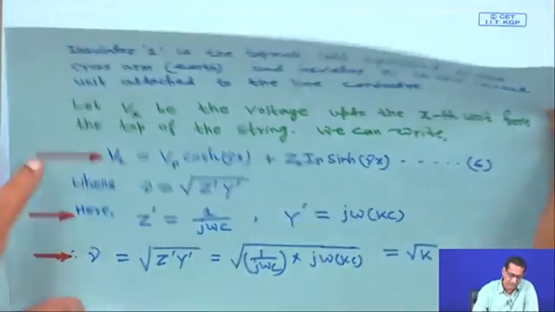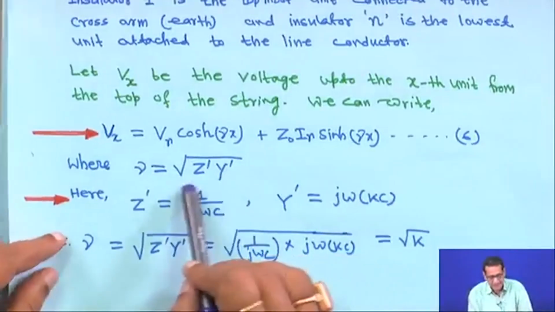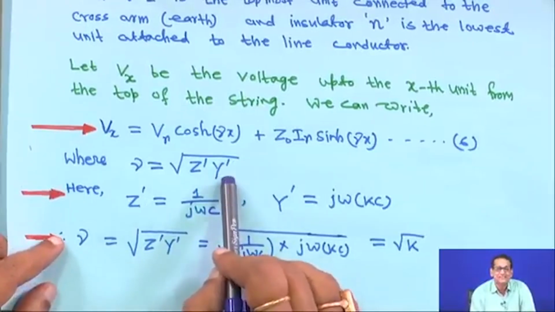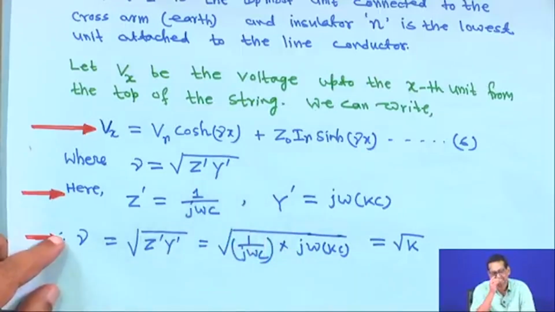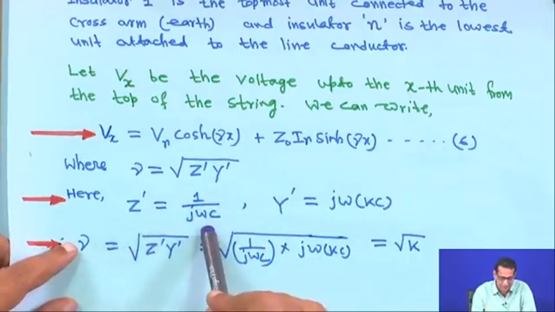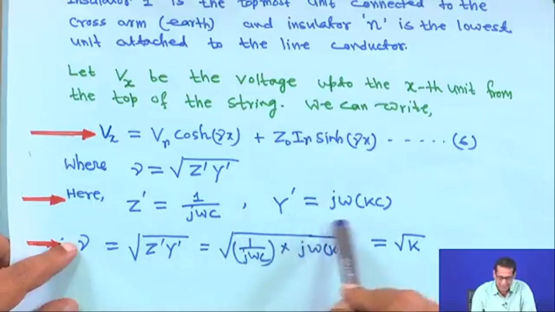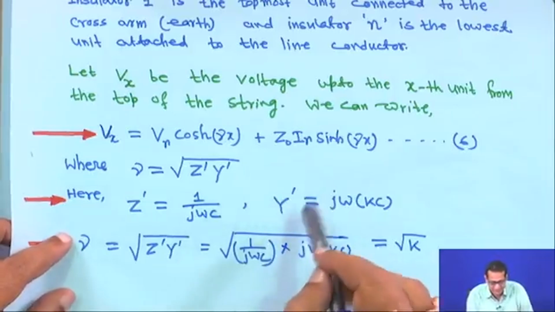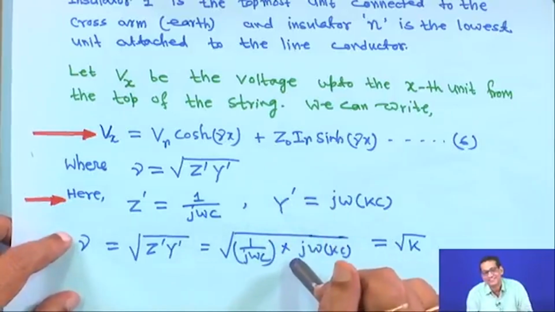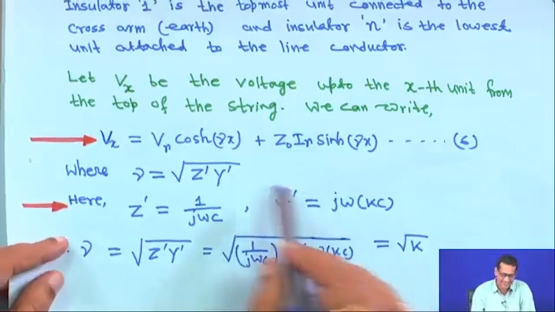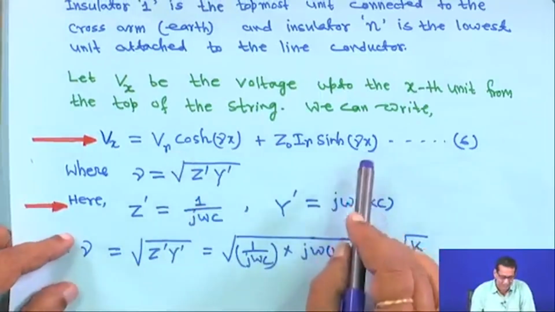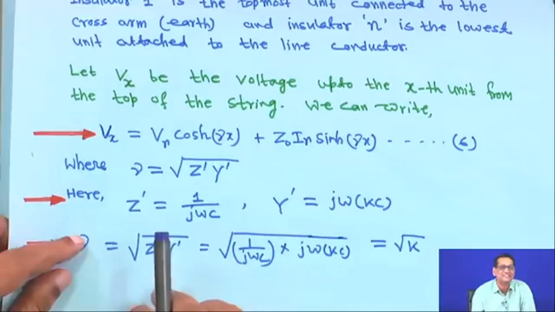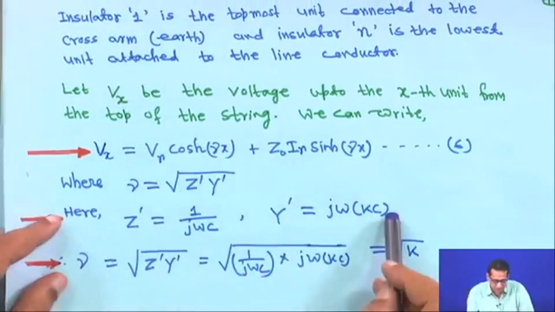Where gamma is equal to root over z dash y dash; in general gamma is root over y z. Now, z dash is equal to 1 upon j omega c and y dash is equal to j omega k c. Only thing is, here you do not have inductance, it is a capacitance, but the philosophy remains the same.